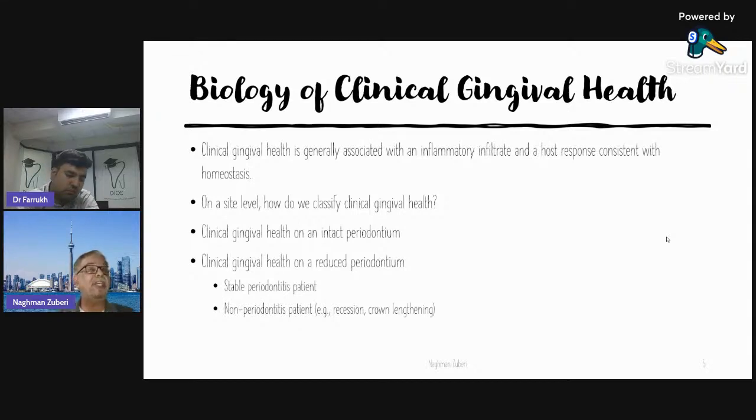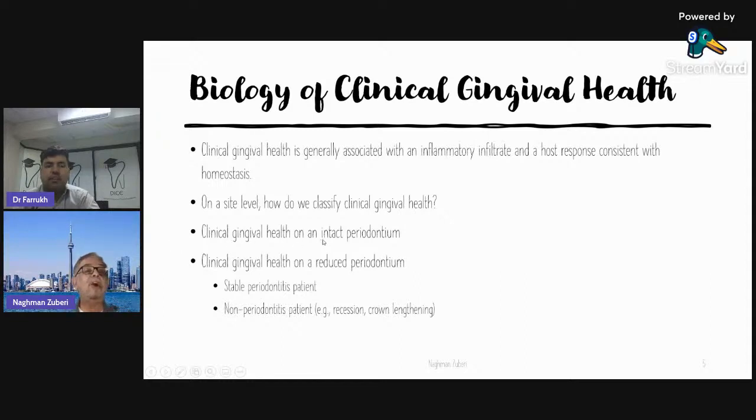We know that there are three facial and three lingual probing sites where we find the probing depth and the bleeding upon probing of one tooth. So there are six probing sites. So, on a site level, how do we classify clinical gingival health?